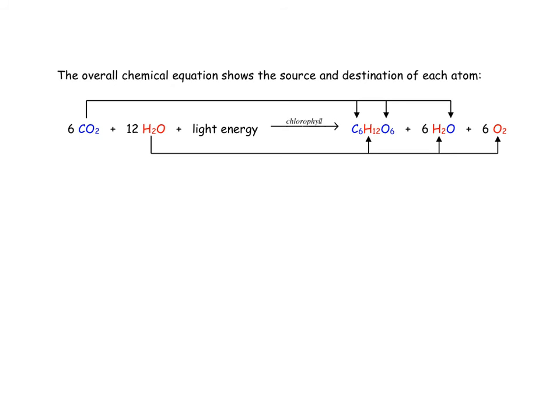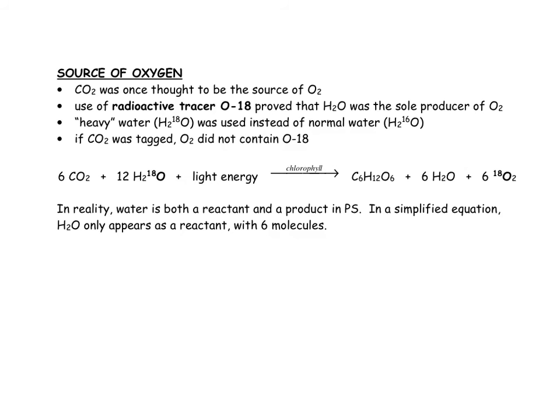Now, how did scientists figure that out? Well, let me explain. It used to be, in fact, that scientists believed that the CO2 was the source of the O2, and that wouldn't be way out of line. You can see how that might be an assumption. But what scientists did is they made use of an isotope of oxygen, O18.